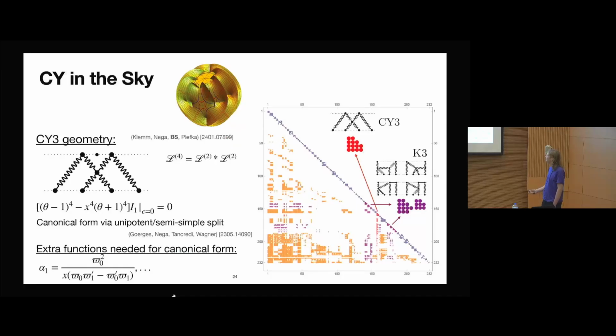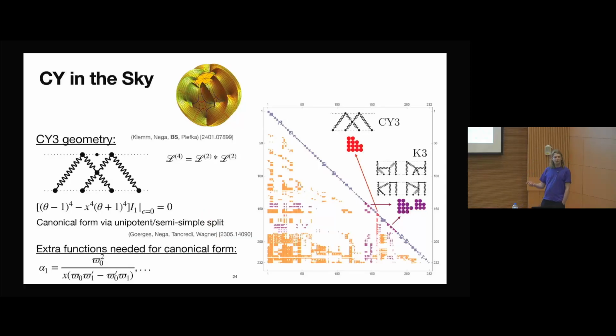And now we can really use the properties of this Calabi-Yau threefold operator here to find a canonical form via a split into unipotent and semi-simple part, which is given in this paper here, which I won't go into detail.